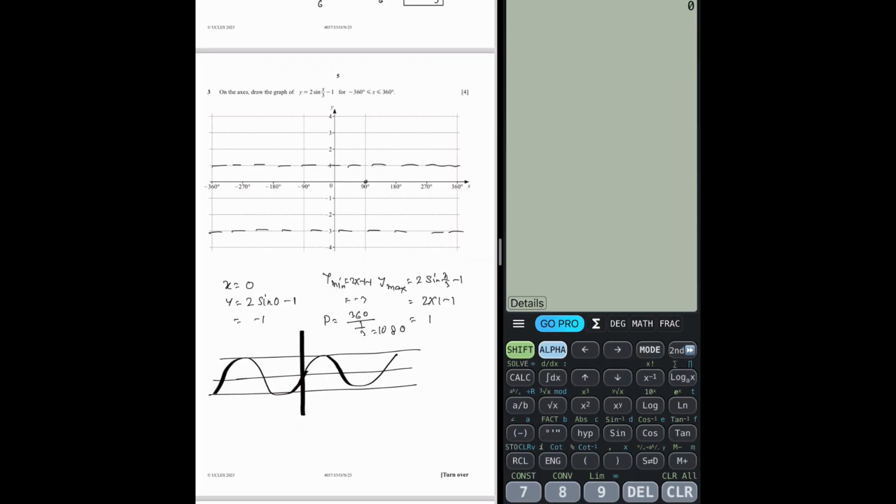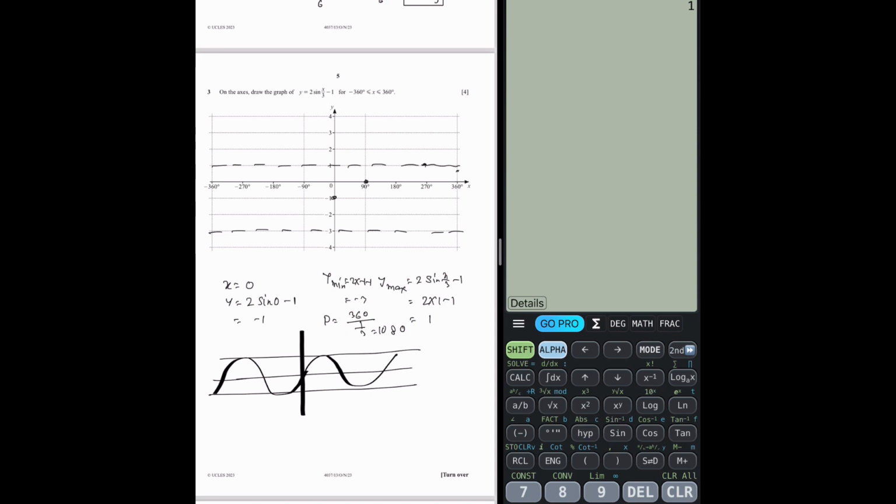Then zero, this is minus 1, for 180. So to write anything, let me try 360. 270. This is 1. Okay.